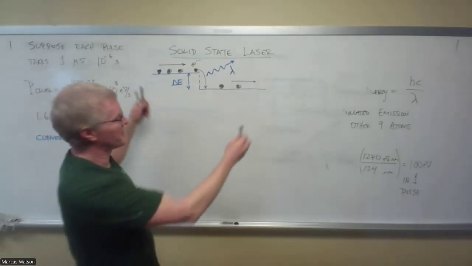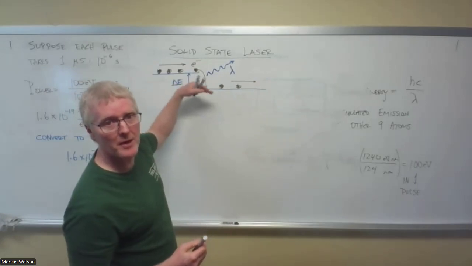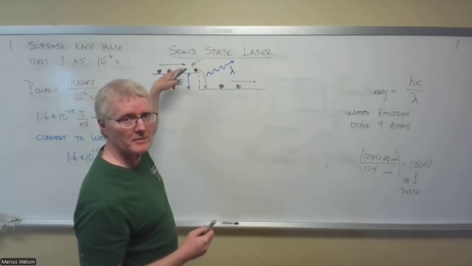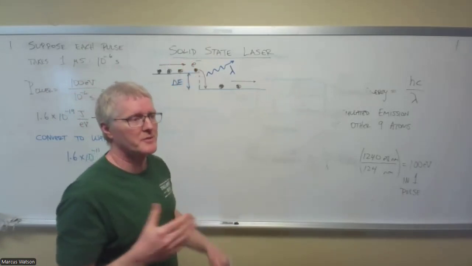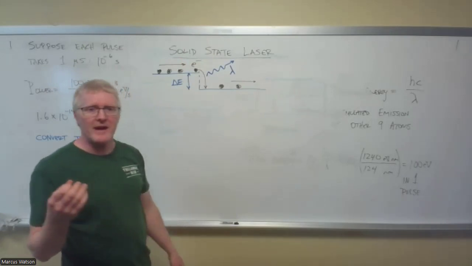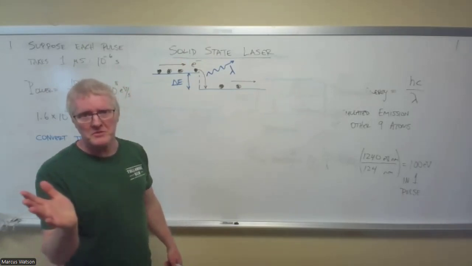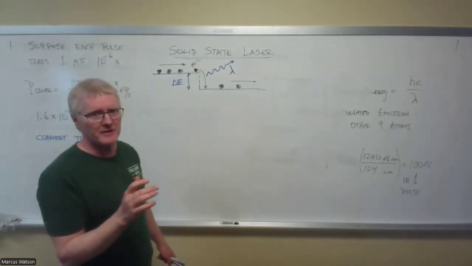So just imagine applying a voltage here. I'm going to take electrons this way, they're going to drop that way, emit light, and go this way, and then I'm just going to pump them back up here. And basically this is how a laser works also. There's a few extra things to think about in terms of how do you get coherent light, how do you focus the beam, but those are fairly straightforward to deal with and not that big of a deal.